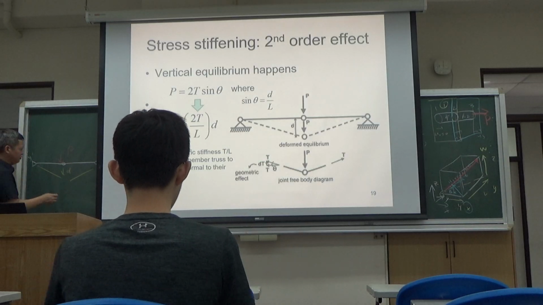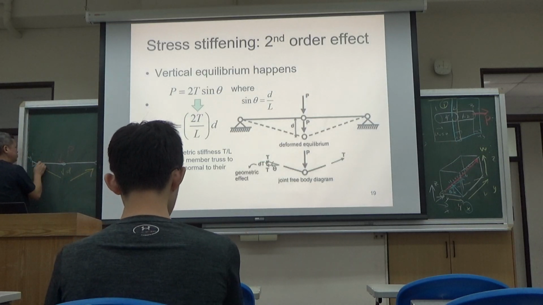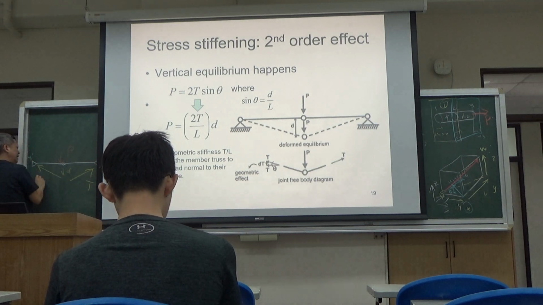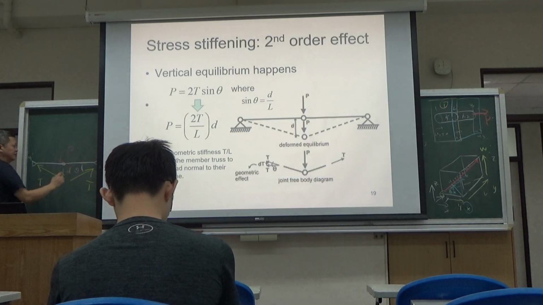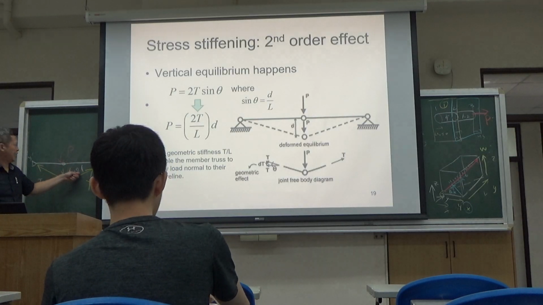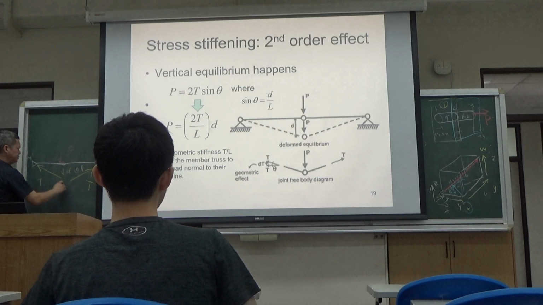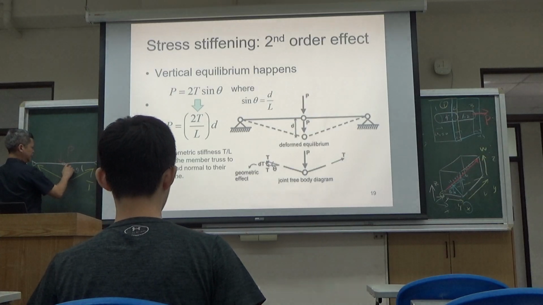As a result, these two bars provide a tension so as to resist the load. So you can take this as the angle. How much is your vertical tension?